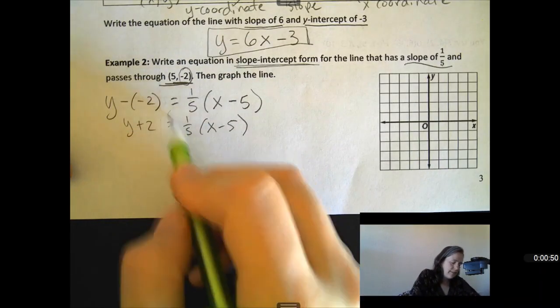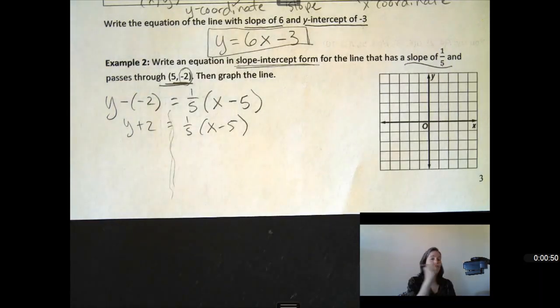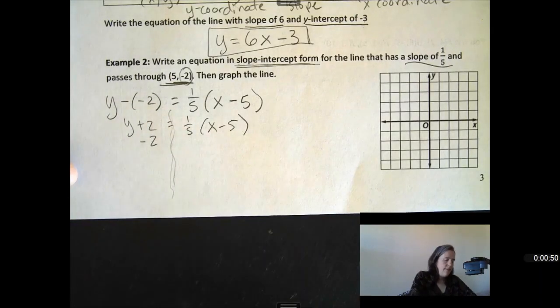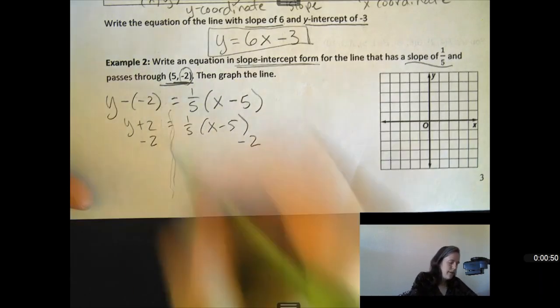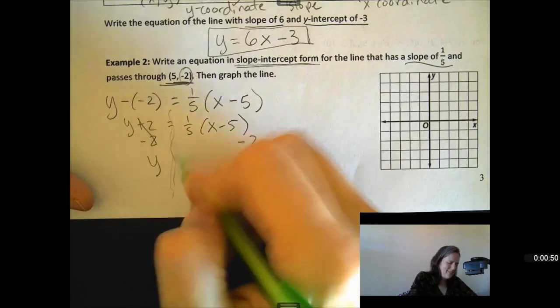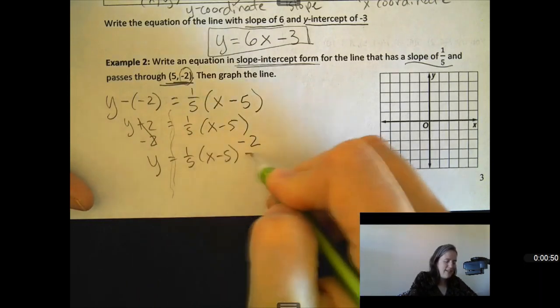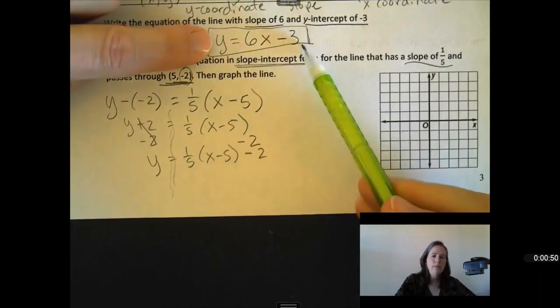And remember, there's like a line here. Anything I do on one side of an equation, I have to do the exact same thing to the other side. So if I subtract 2 on this side, then I need to subtract 2 on the other side. That keeps it equal. So y equals 1/5 (x minus 5), and then I just put that -2 out there as well. Okay, we're looking closer to the slope-intercept form, but not quite there.